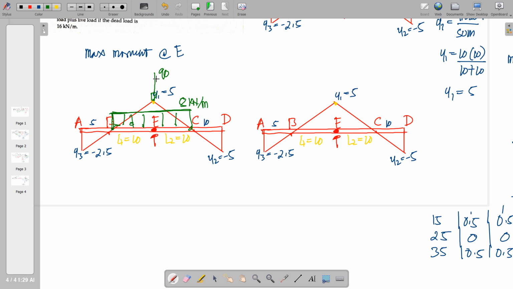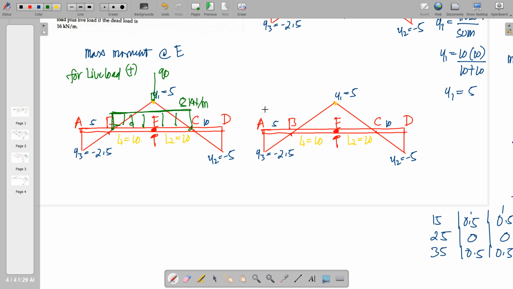This is actually for live load, considering the positive portion.